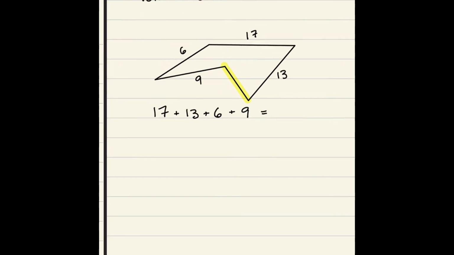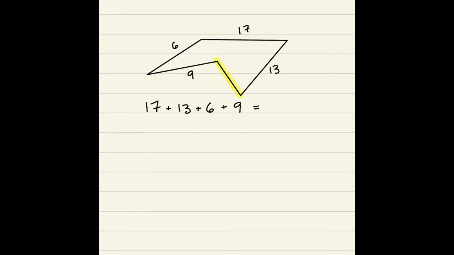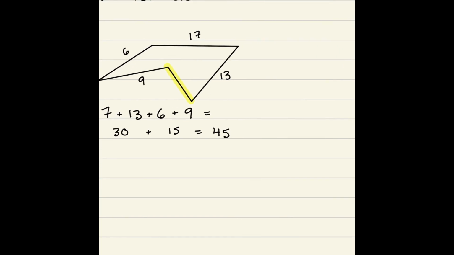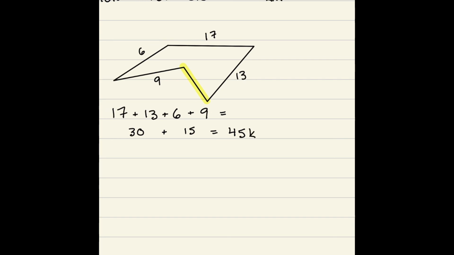Okay, well, I like to break up my addition nicely here. So we have 17 plus 13, which is going to get us 30. And we have 6 plus 9, which is going to get us 15. And that gets us 45. Let's come up with a unit for this one. Let's say the unit is kilometers. So that gives us 45 kilometers.